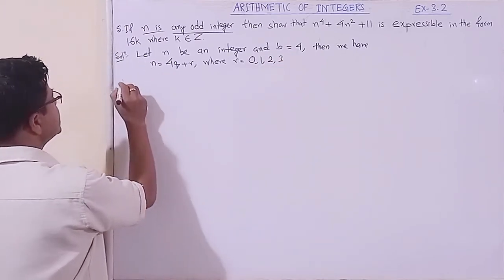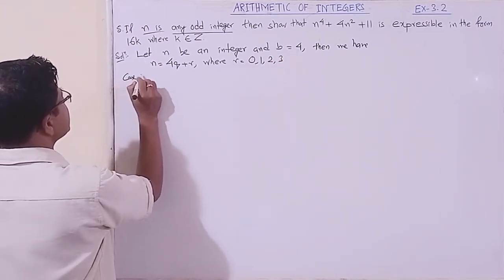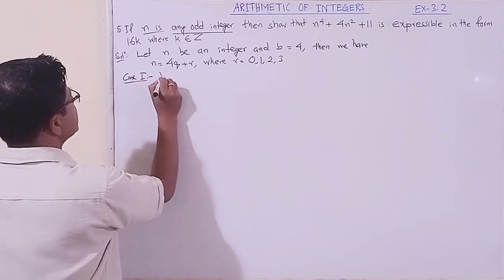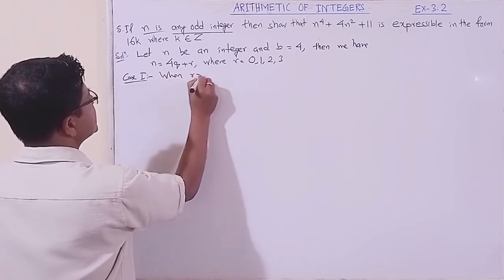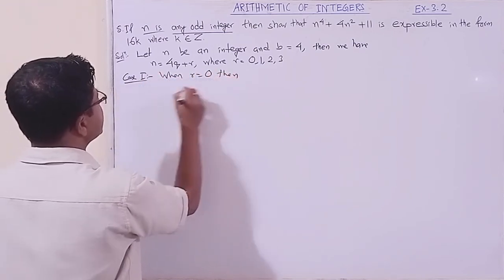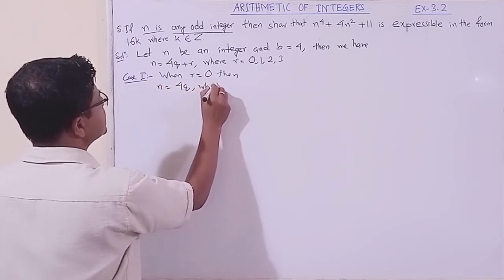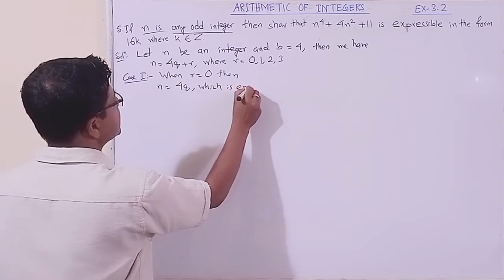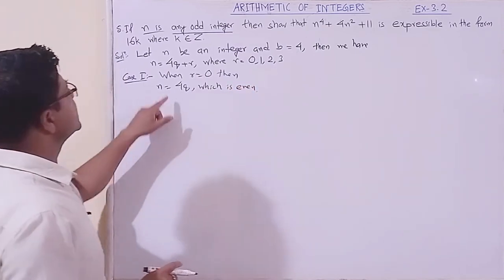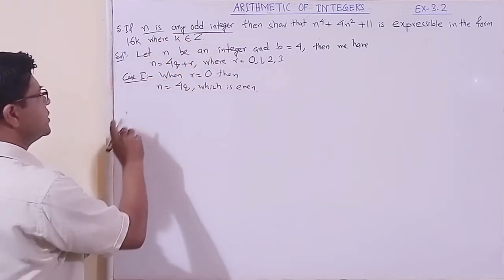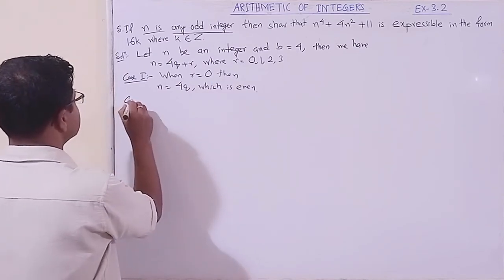Now case 1, when r is equal to 0, then n is equal to 4q, which is even. So we will not consider this case because n is an odd integer.